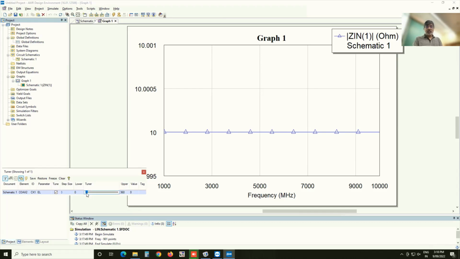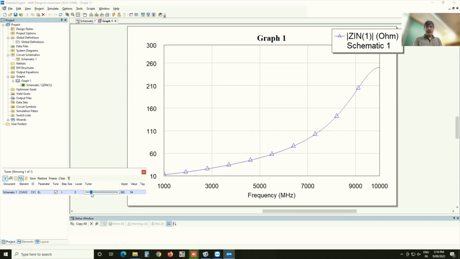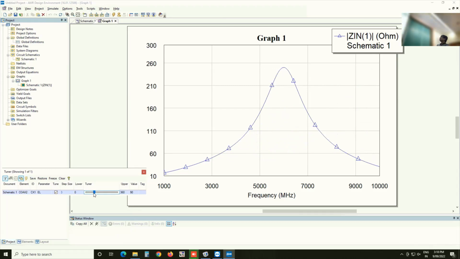So as I sweep this now, I've stopped at some point. Remember what it's plotting? It's plotting Z in magnitude.